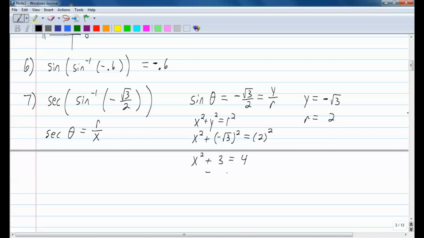Subtract 3 from both sides, so I get x squared equals 1. Now take the square root of both sides and get x equals plus or minus 1.